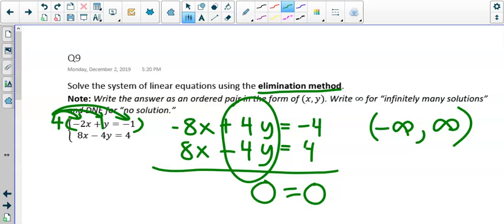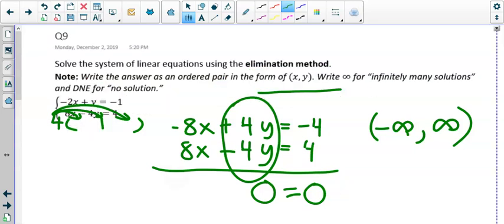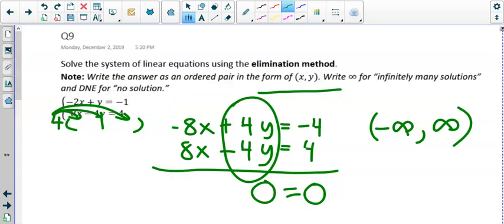Because if you're the same value, you're infinite. If you are different values, no solution. Okay? Now, if your variable didn't cancel out, well, then you got an answer. So you keep going. Okay? But this is one of those infinite answers. Everything works. Cool beans?